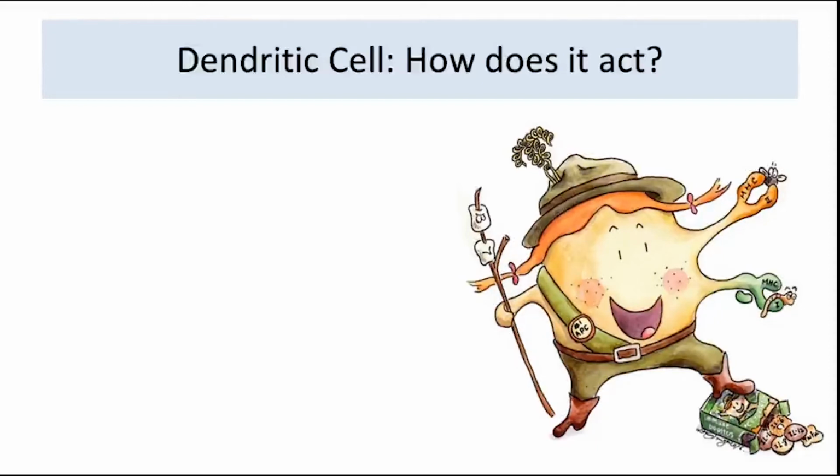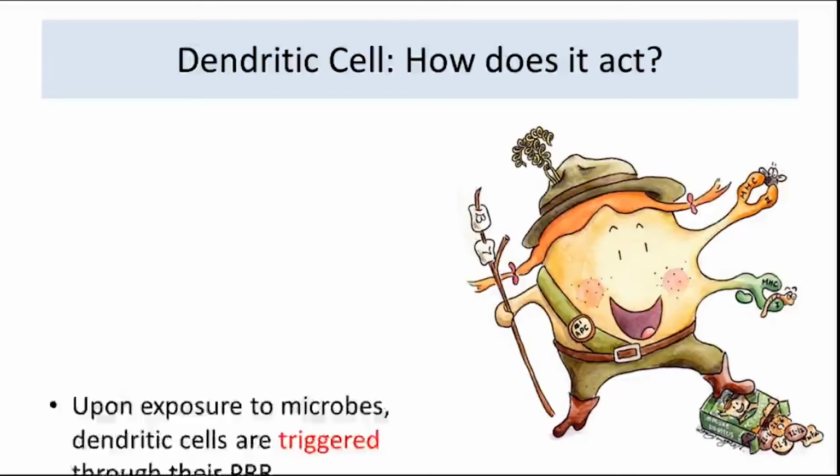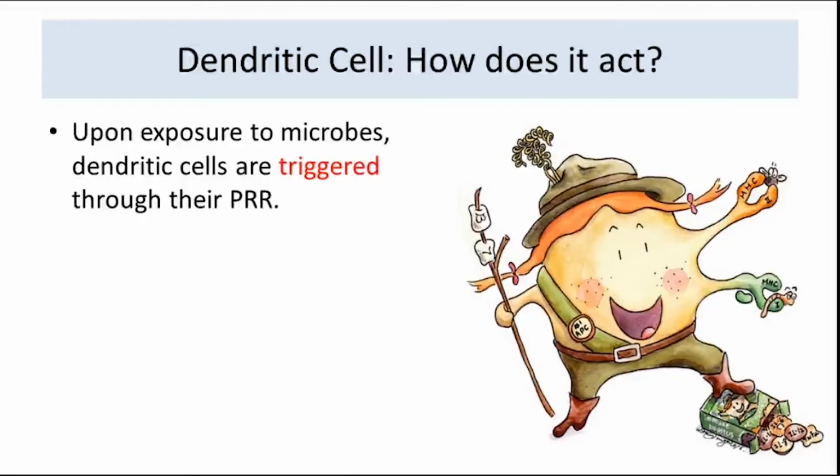It is very interesting to see how the dendritic cell actually acts. Dendritic cells are part of the innate immune system which circulates everywhere in the body, especially in the peripheral parts which have a larger possibility of getting exposed to antigens from the outside environment.